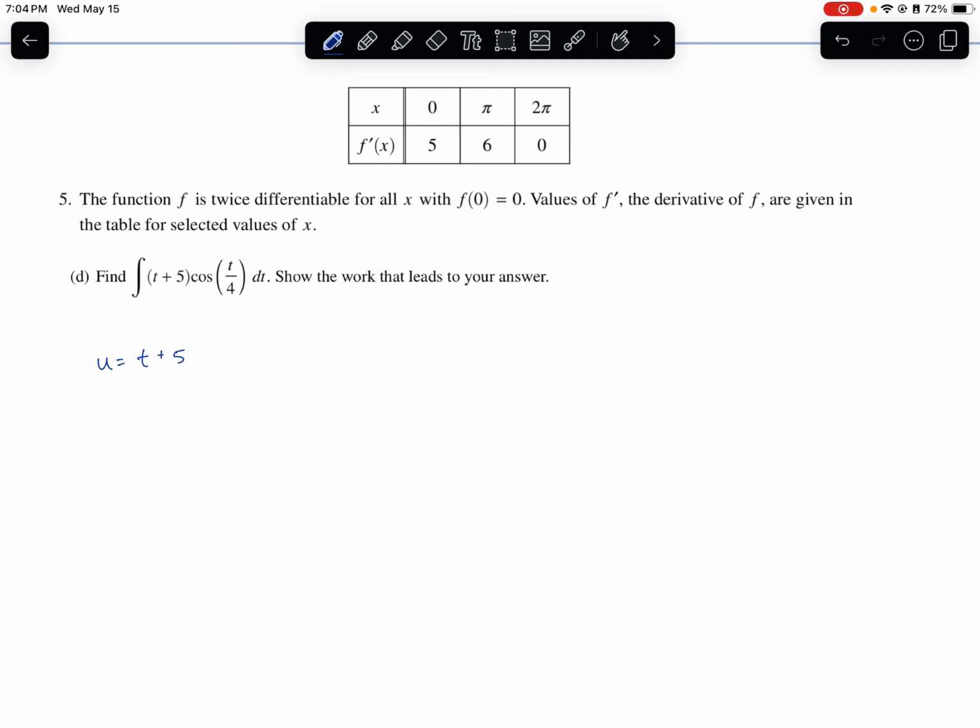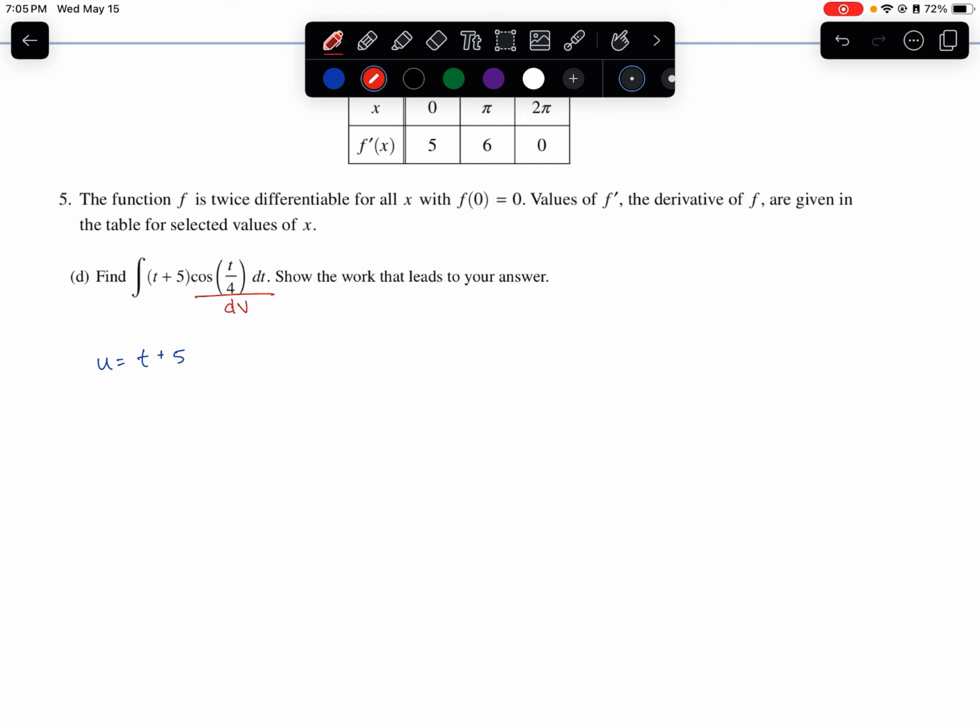Typically, in these situations, where you have algebraic, like a polynomial of sorts, multiplied by something that has cyclical derivatives and antiderivatives, meaning cosine or sine or e to the x, those derivatives and antiderivatives are cyclical. They keep repeating themselves. It's usually better to put this right here as dv and the polynomial as u, so u dv.